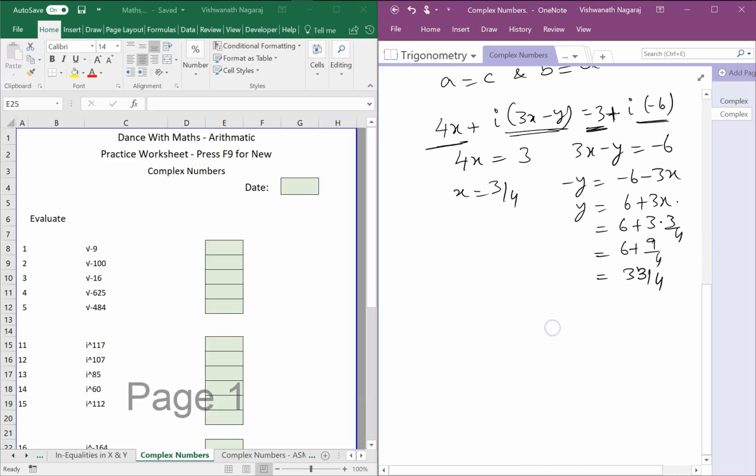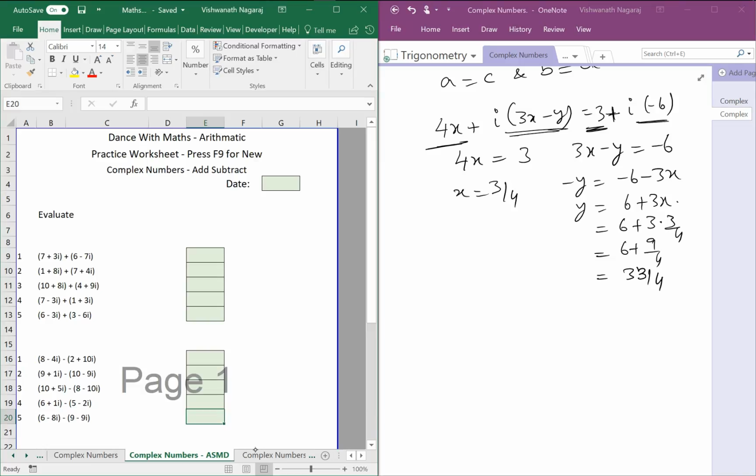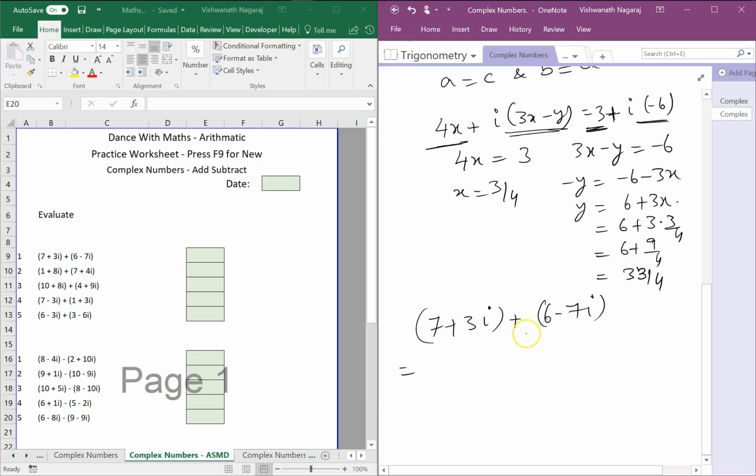Now let's actually do some operations. Let's look at addition. 7 plus 3i plus 6 minus 7i. This would be what? Just focus on the real and imaginary parts. So 7 plus 6 is 13, minus 4i. Now you can actually just look at the problem and write the answers directly. So 7 plus 1, 8 plus 12i.